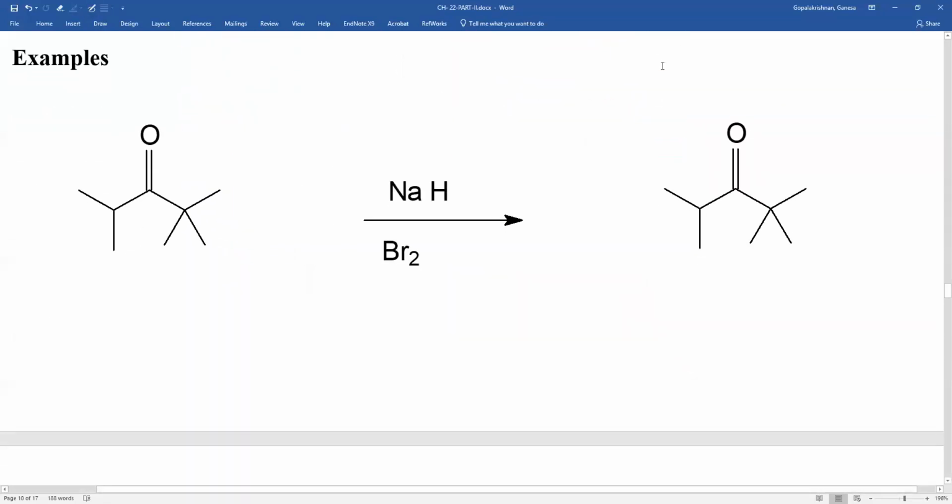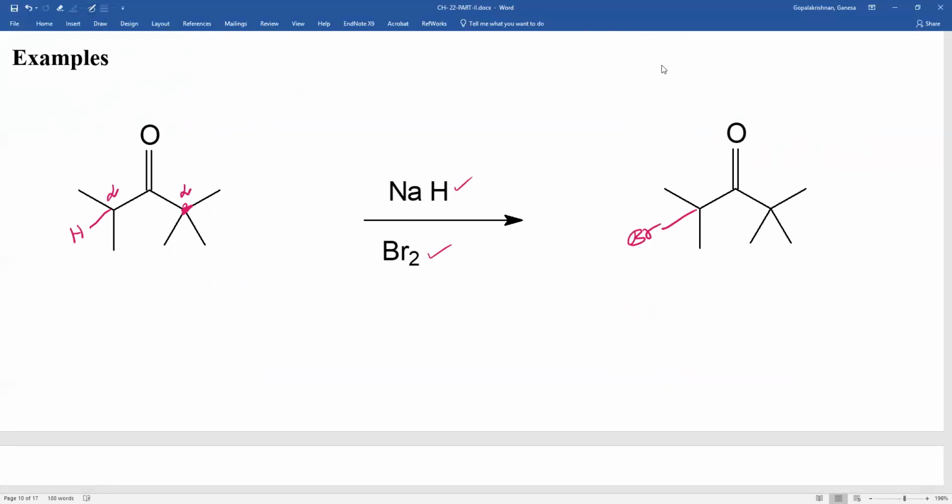Look at these examples. This is an alpha carbon. This alpha carbon has no hydrogen. You cannot replace it. The left side alpha carbon has only one hydrogen. If we treat it with a strong base and bromine, that will be replaced.